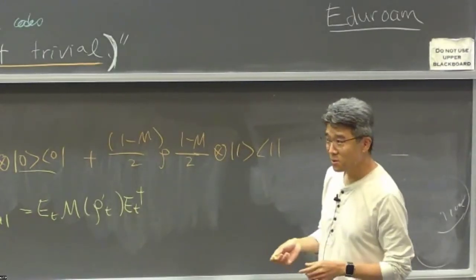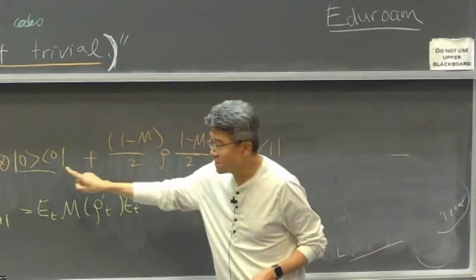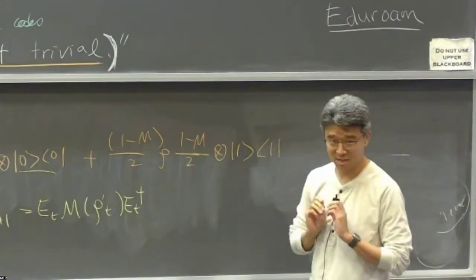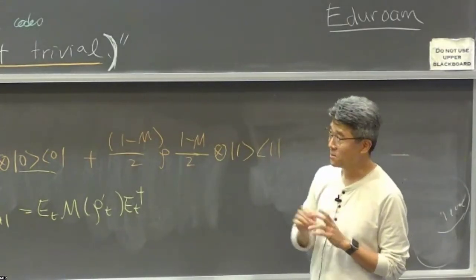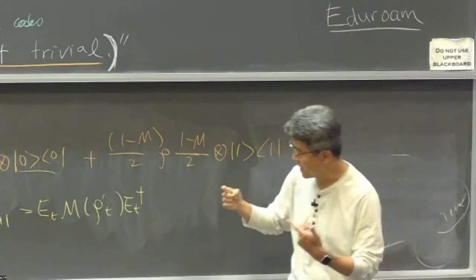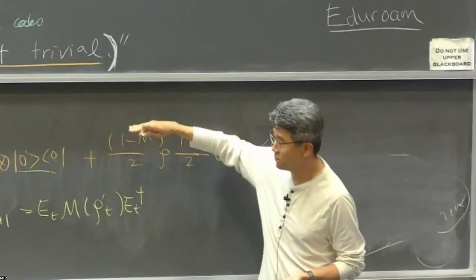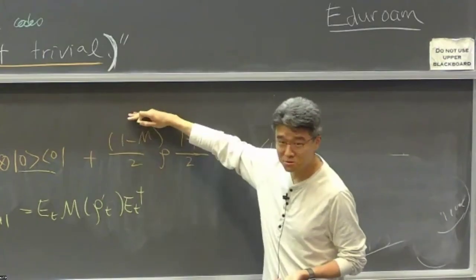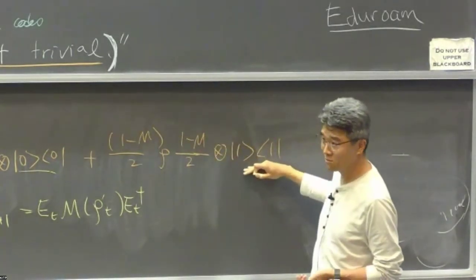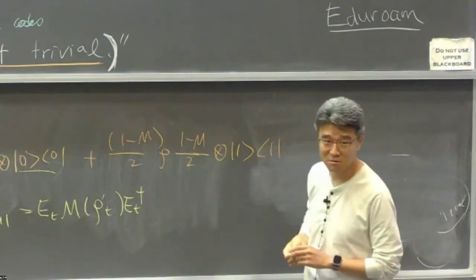As long as the measurement results make sense, I cannot tell whether there was an error or not. So that's my undetectability. You look at the action from the error on the set of chains of history, and then you look at the measurement outcome register to tell whether there was an error or not.